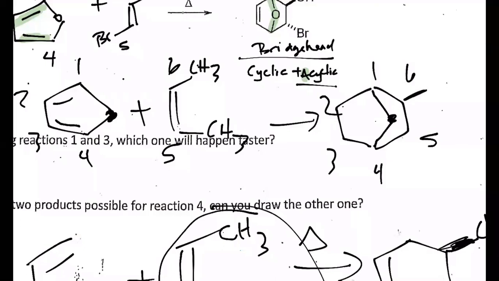So I'm going to make them cis on this side also. The 4 plus 2 cycloaddition is really the fastest way to make a 6-member ring. If you're trying to make a 6-member ring somewhere in a molecule, that's the easiest way to do it, is to do a 4 plus 2.